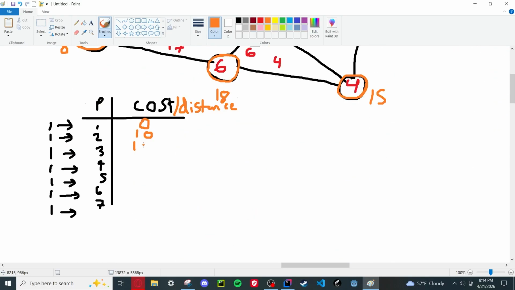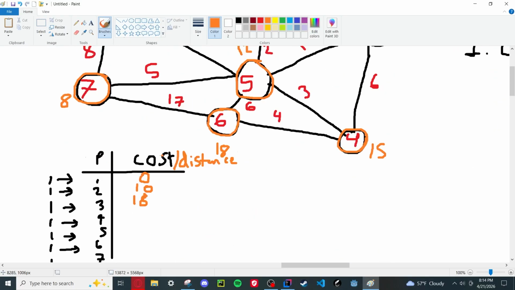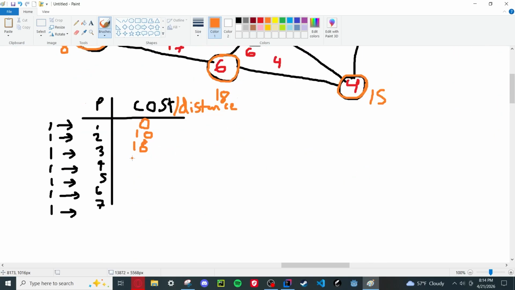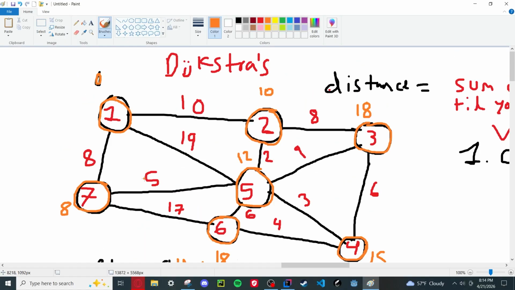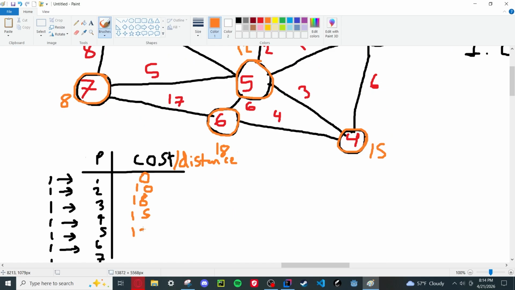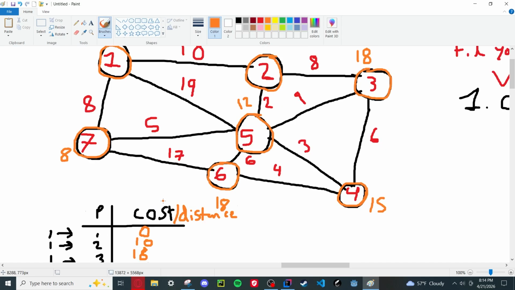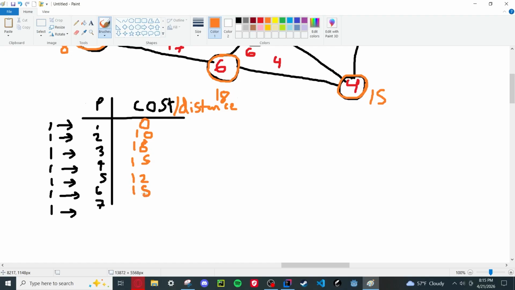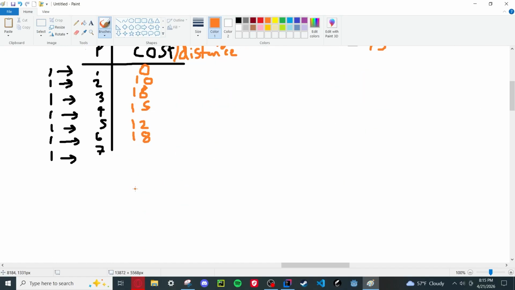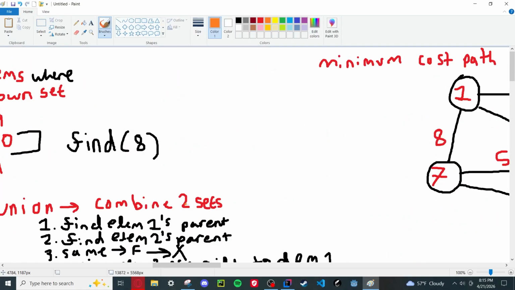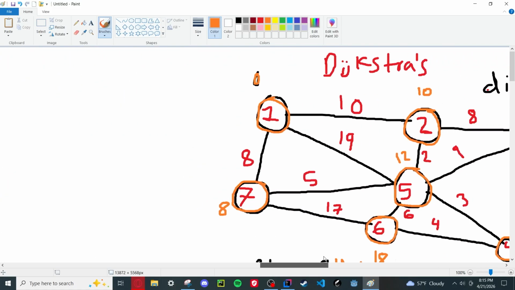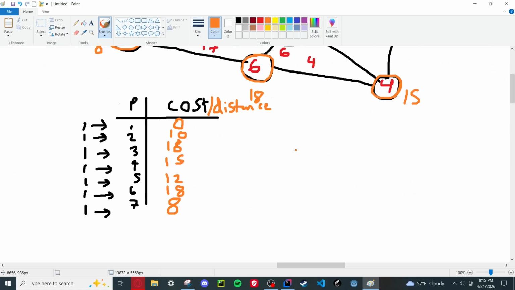We said that was 18. 1 to 4, we said that was 15. 1 to 5, we said that was 12. 1 to 6, that's simply 18. And lastly, 1 to 7, we said that was 8. So then looking back at the problem, what do we want to solve? I said minimum cost path from 1 to 4. 1 to 4 is 15. It's our minimum cost.